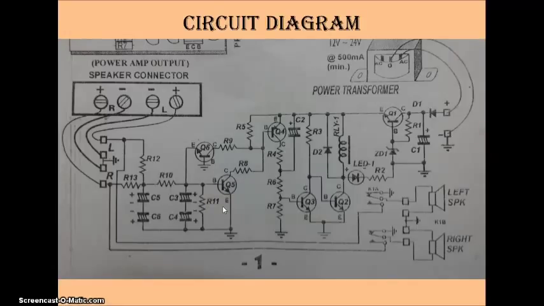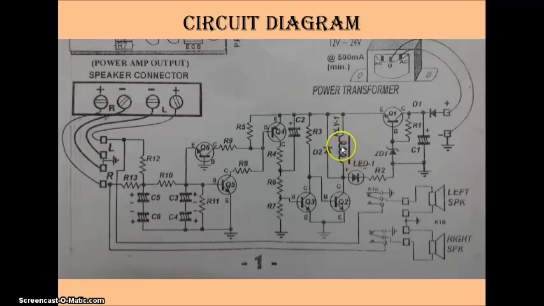The other type of transistor used in this circuit is the A1015, marked as Q4 here. The general purpose of this transistor is switching and amplification, but in this circuit, this transistor is used to amplify the signal from the power amp output to the relay.